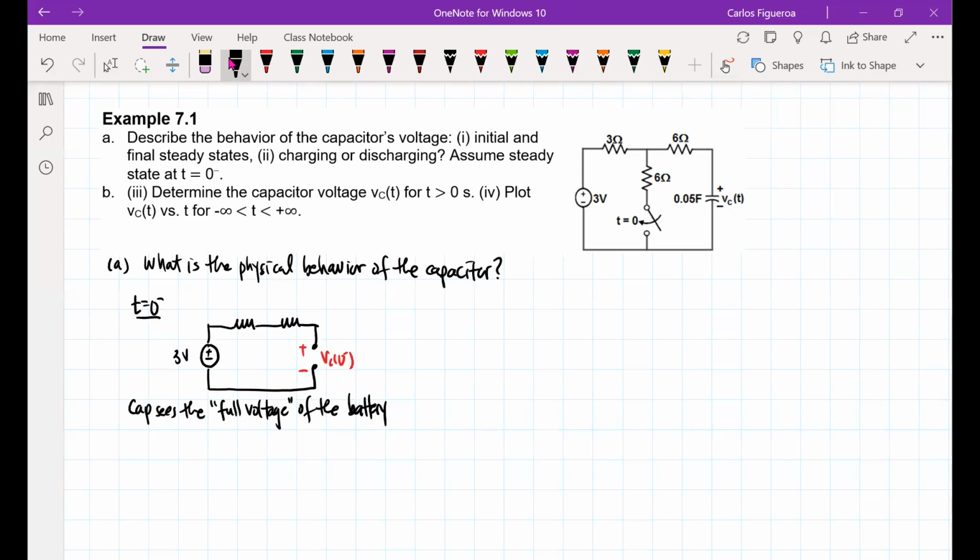Now, what ends up happening here is that once the switch is thrown and I let this thing go to steady state, there is a 6 ohm resistor now. So if I draw the circuit, you could see that I have 3 volts, and then I now have these resistors right here.